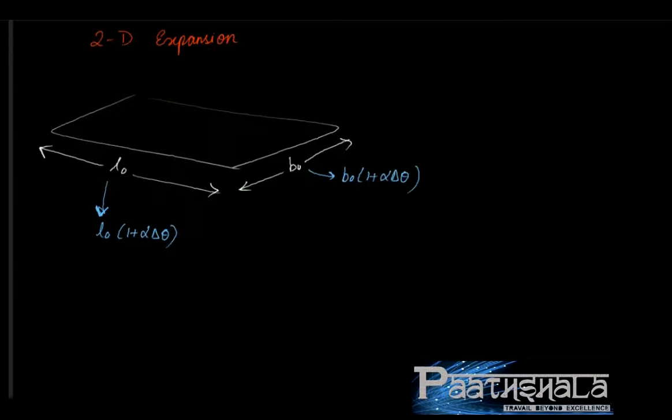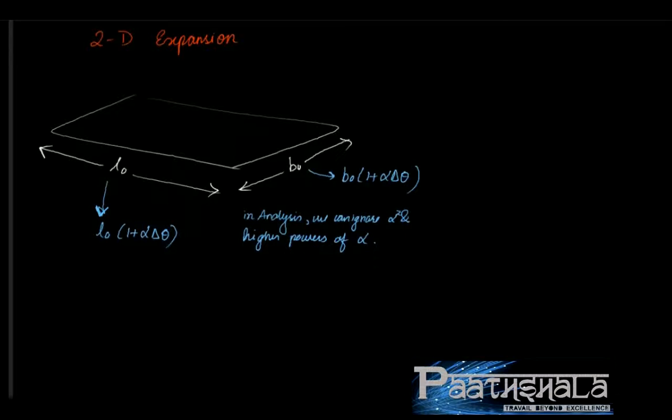So in analysis, we can ignore alpha square and higher powers of alpha. Right? So let us see now what happens.